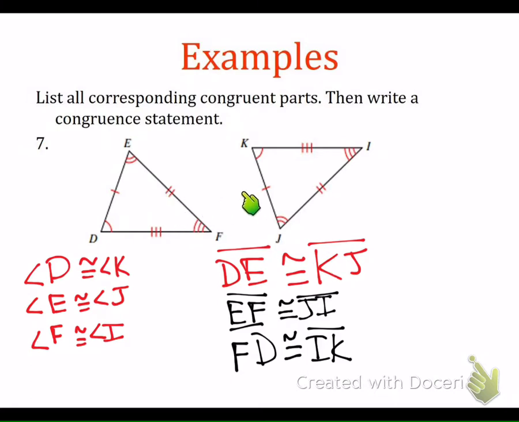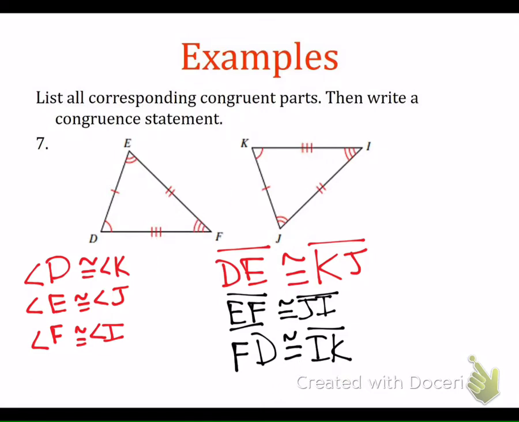So 1 tick mark and 1 tick mark are the corresponding congruent sides, but I have to write them in the same order. Then I go to 2 tick marks. So EF, I started with angle E, went to F, I have to start with J and go to I, okay? And then the sides with 3 tick marks written in the same order.